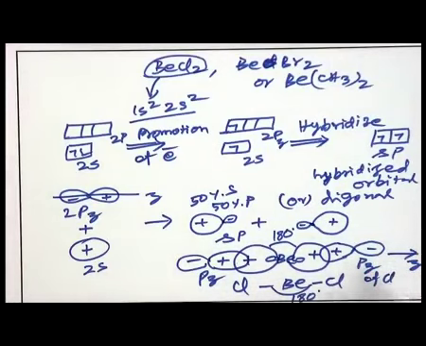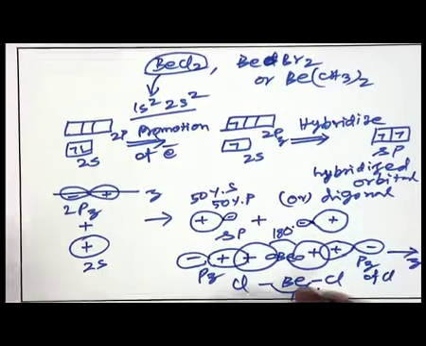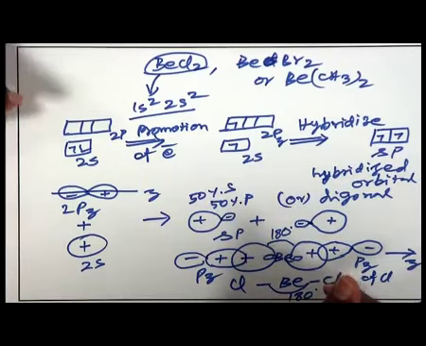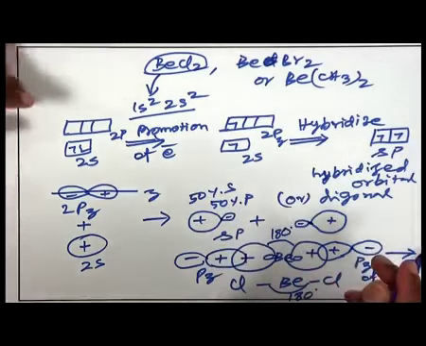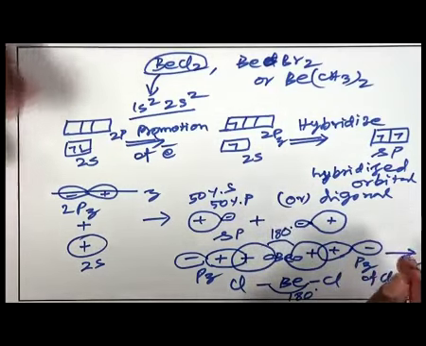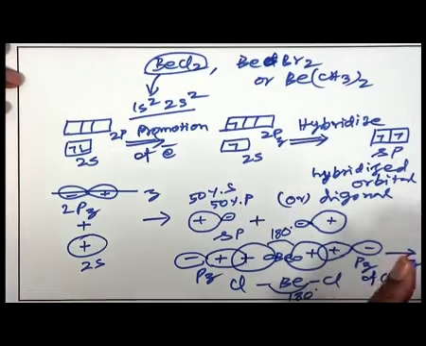So, bonds are formed by overlap of atomic orbitals. If there are no suitable atomic orbitals available, then atomic orbitals combine to give the required number of hybridized orbitals, and then bond formation takes place.